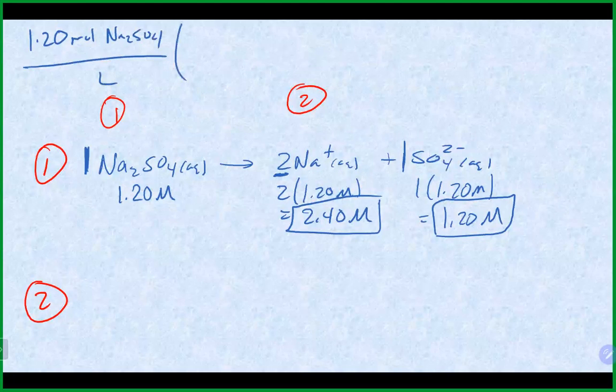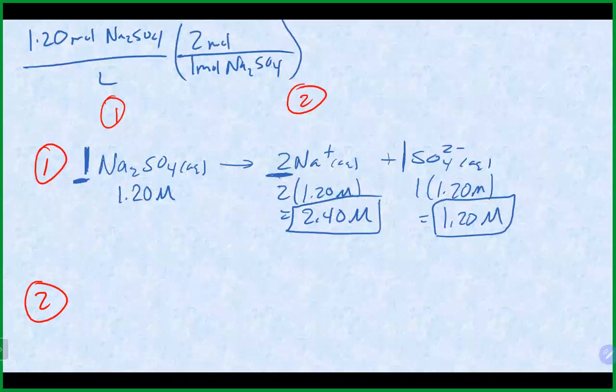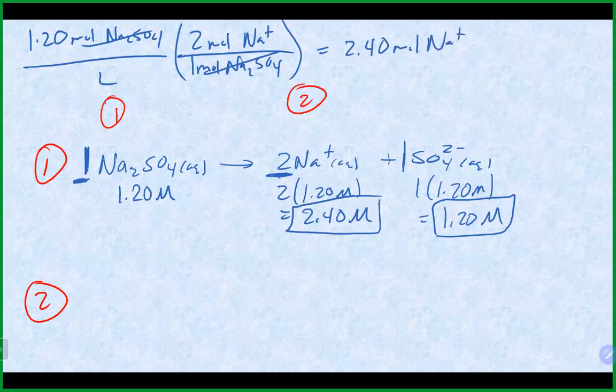We would then do our mole to mole relationship, which in case of sodium, again, is 1 mole of the whole thing gives us 2 moles of the sodium ions. The moles of the whole thing cancel, leaves us with 2.40 moles of sodium ions per liter. That is essentially why we are multiplying by 2, is essentially what we're doing there. And again, that's just a quicker way of doing it.